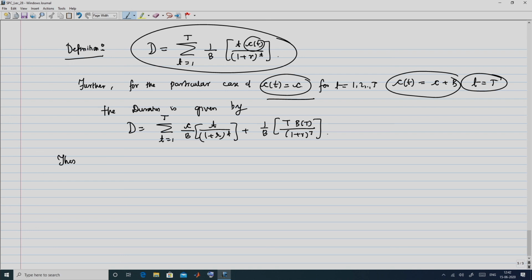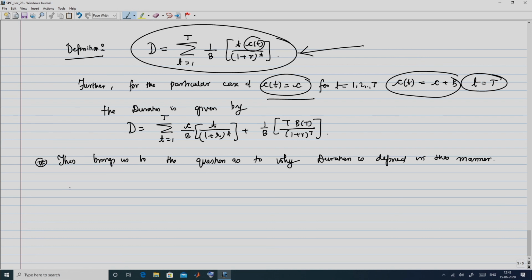Now, this brings us to the question as to why duration is defined. I have sort of suddenly introduced this definition, and I need to now justify why the duration is defined in this manner.